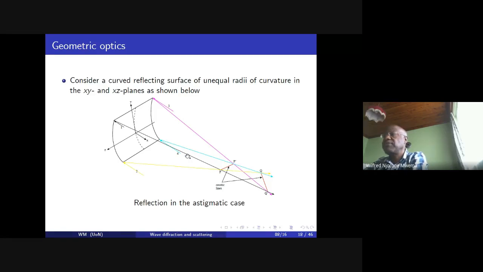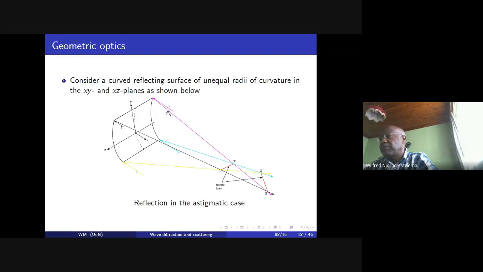Now we are going to look at 4 rays striking the reflector at these angles. Because the surface is curved, ray 1 will hit the reflector and get reflected down. Ray 2 will hit and get reflected, and it will go to a point Q2, not necessarily Q1.